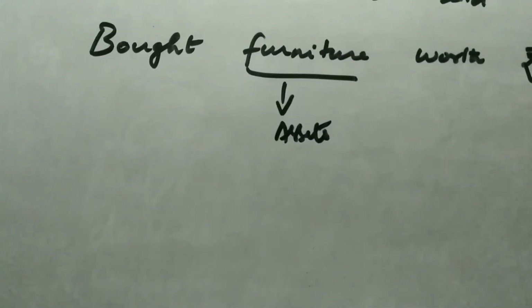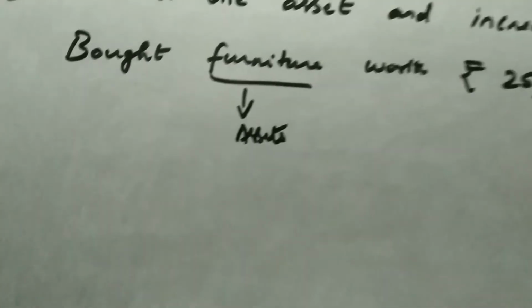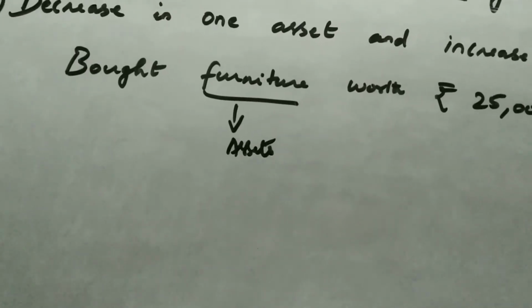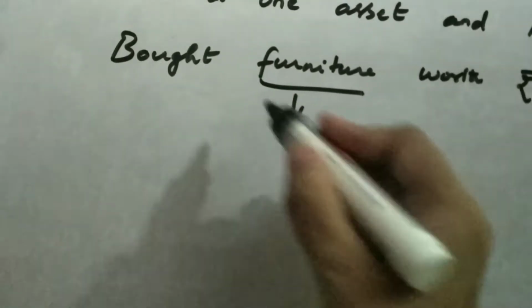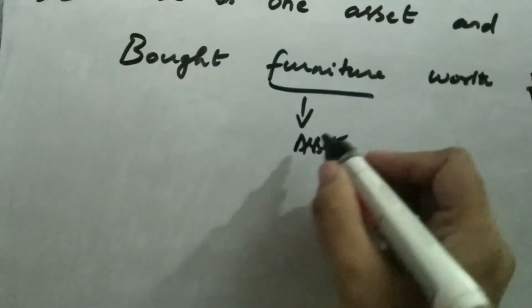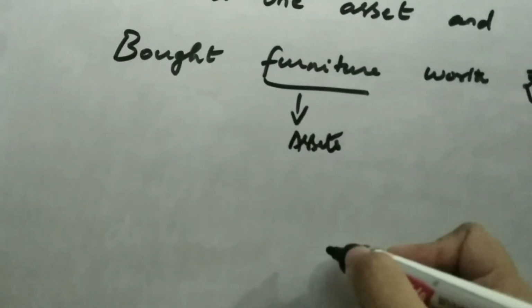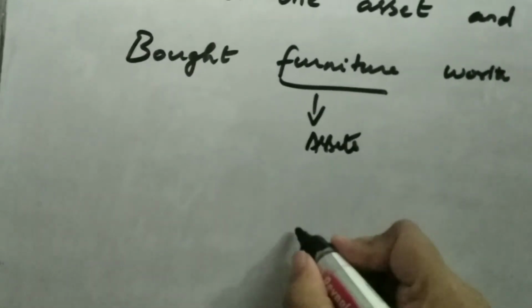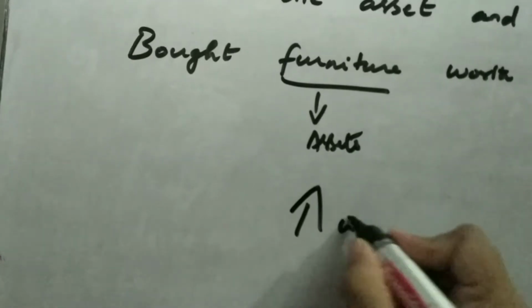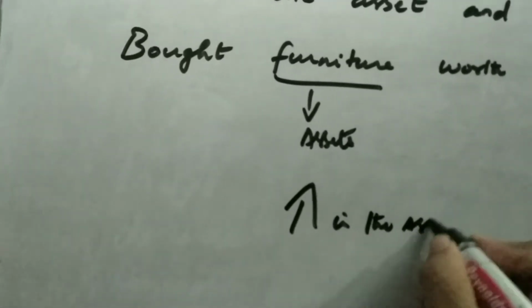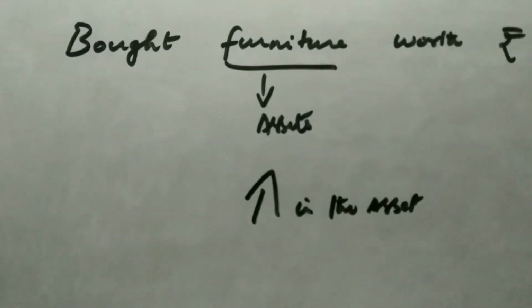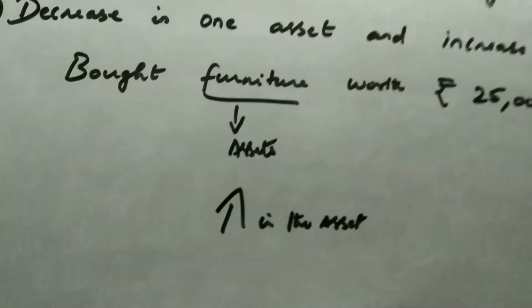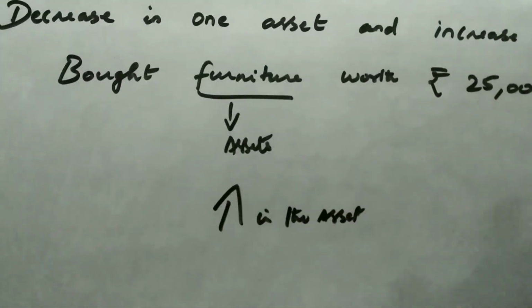When we purchase furniture, an asset is coming inside the business, but cash is going out. So there is an increase in one asset and a decrease in another asset.